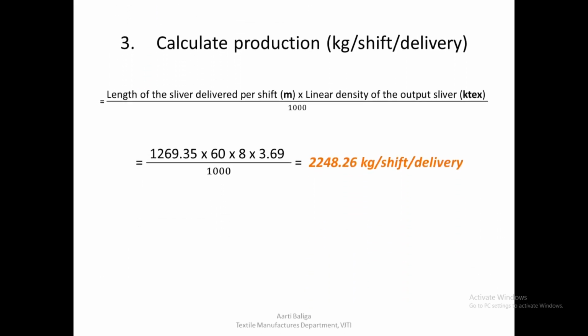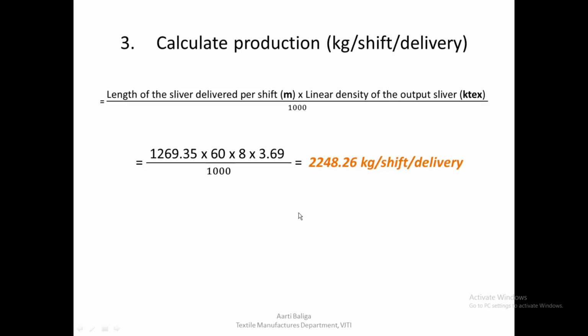Since we have been asked for kgs per shift, I need to convert meters per minute into meters per shift first. How do we do that? I take the value 1269.35 from the previous slide and multiply it by 60 into 8. Then I take the linear density in kilotex, which is 3.69, and divide the entire thing by 1000, and I get the answer as 2248.26 kgs per shift per delivery.